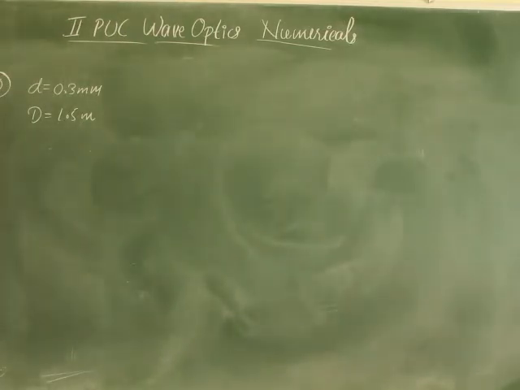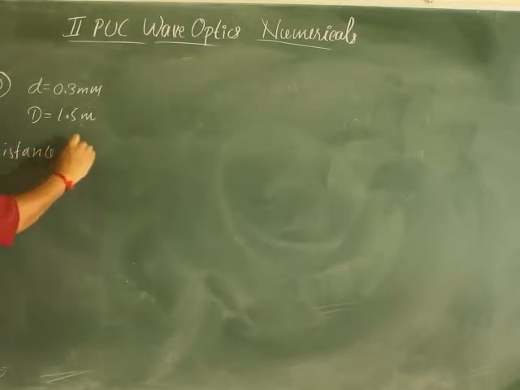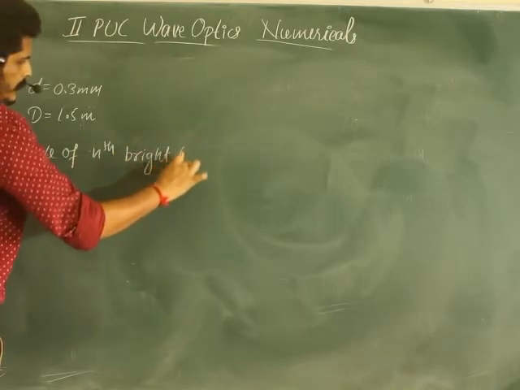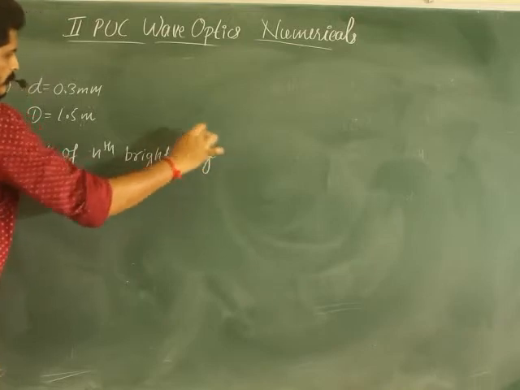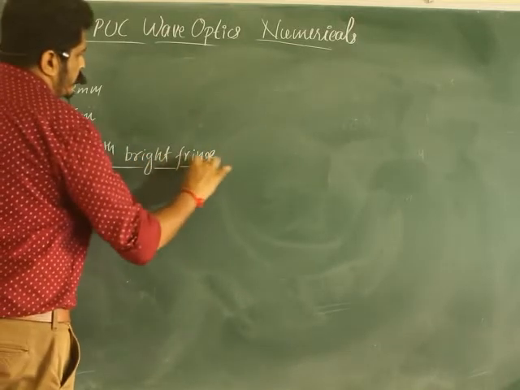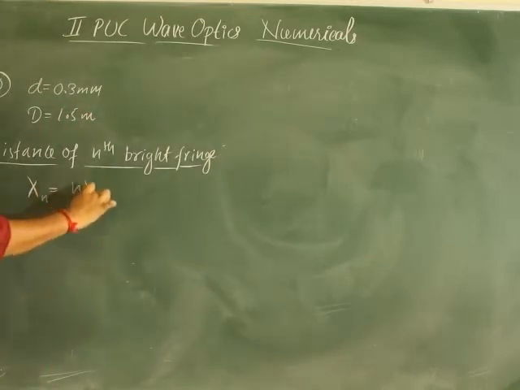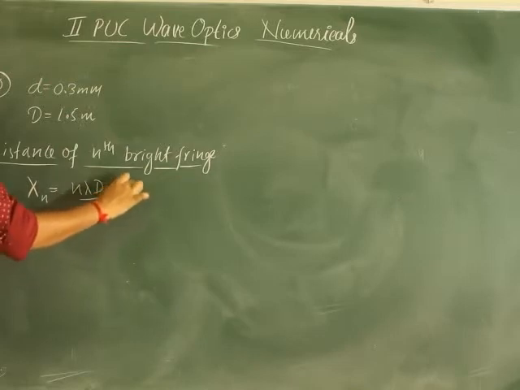Okay, so let us try to find that. Bright fringe is given. So the general formula: distance of nth bright fringe is given by xn equal to n lambda D by d, or n beta, correct?